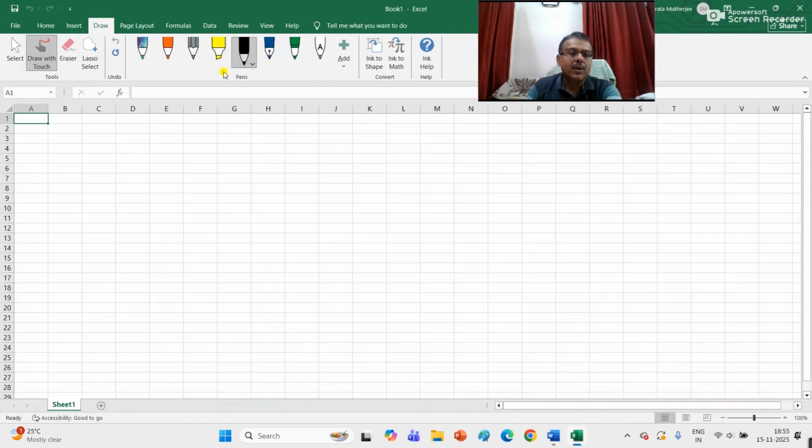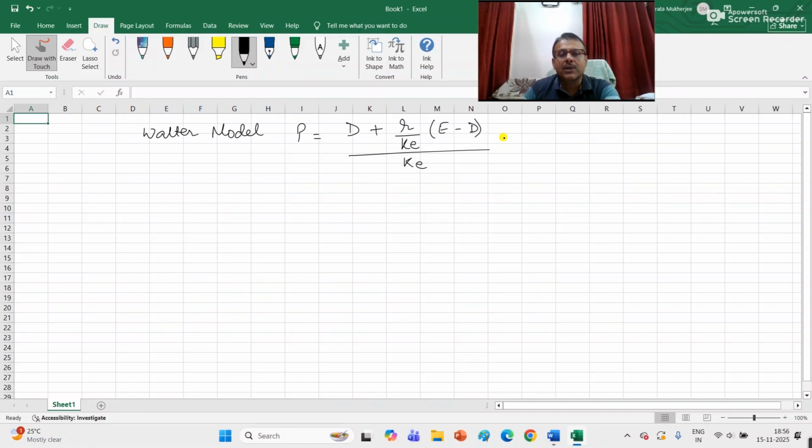As per Walter model, we know that market price of the share is equal to dividend per share plus R by KE within bracket E minus D divided by KE. Let us first define the meaning of P. This is the expected price per share.